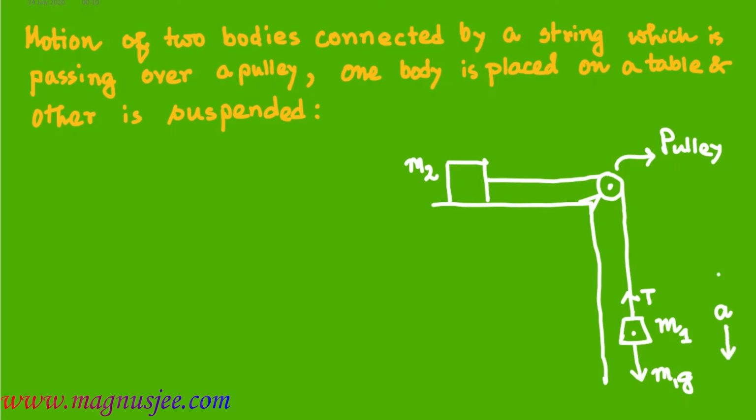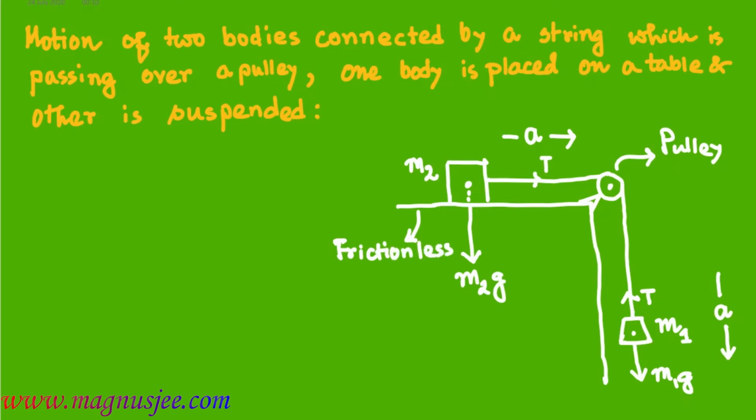In connection with the motion of the body of mass m1, the mass m1 moves downwards with an acceleration a, and the body of mass m2 which is placed on the table will be moving with an acceleration a towards right horizontally under the action of tension T, and m2g is the weight of the body of mass m2 which is placed on the table. So here this is the frictionless horizontal table.